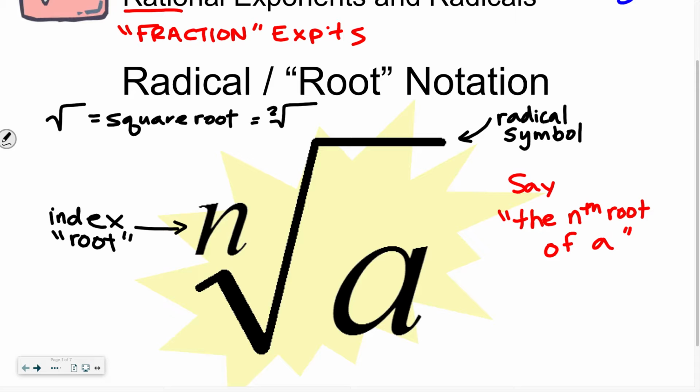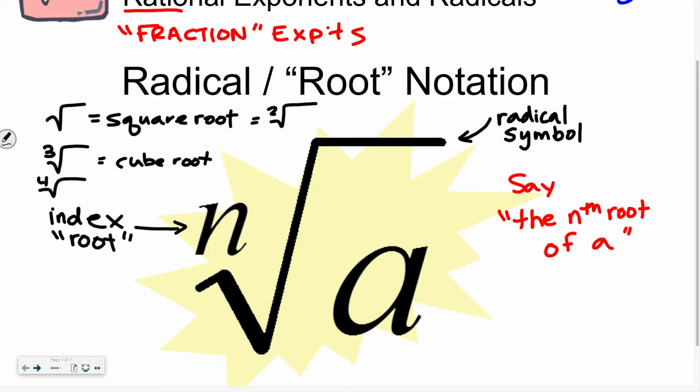But I can, of course, change the index. So I can make it a 3. You maybe have used this one before. This we call a cube root, right? And it's very obviously not a square root because it has a little 3 out there. But the square root is so common I don't have to put the 2 out. If you go any further, it's not like polynomials.